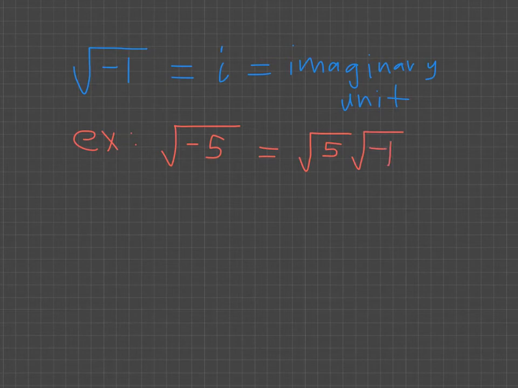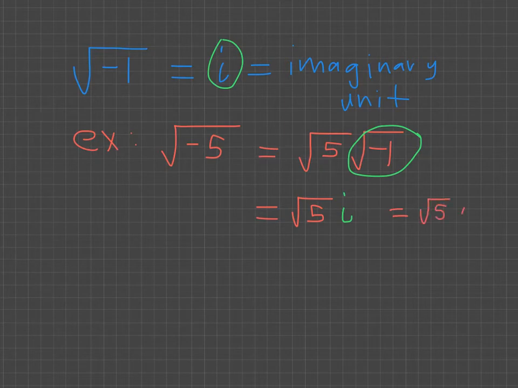Okay, i is equal to the square root of negative 1, so we can rewrite this as the square root of 5 and replace this square root of negative 1 with i. All right, so instead of having a negative under the square root, we use that i to represent the square root of negative 1. Okay, let's look at another example.